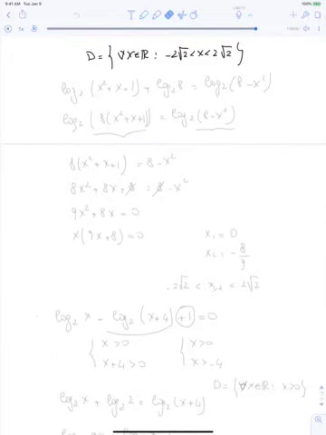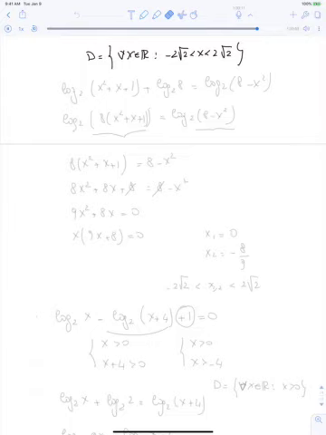Now, once we clarify the domain, we are going to work on this expression here at the top to transform it into the equality of two logarithms. Now we have to work on this plus 3 first, but this is a log base 2, so we want to express this plus 3 as a log base 2 of something.